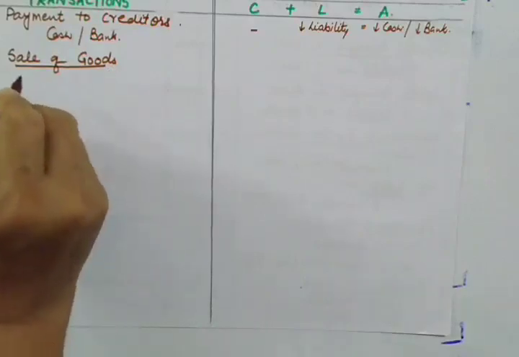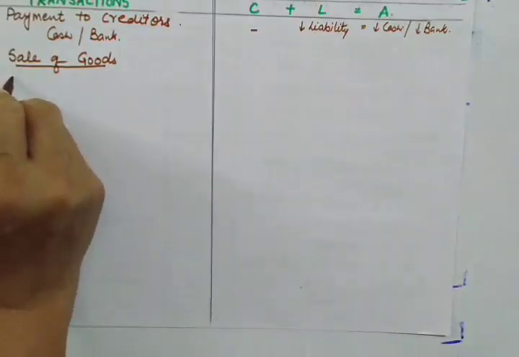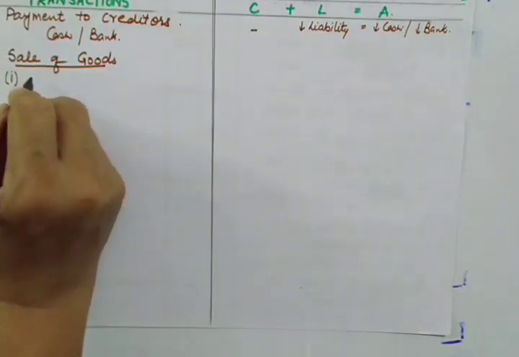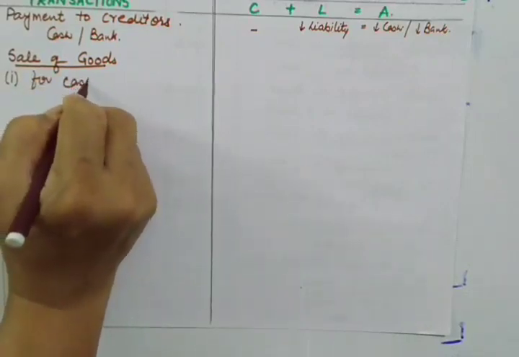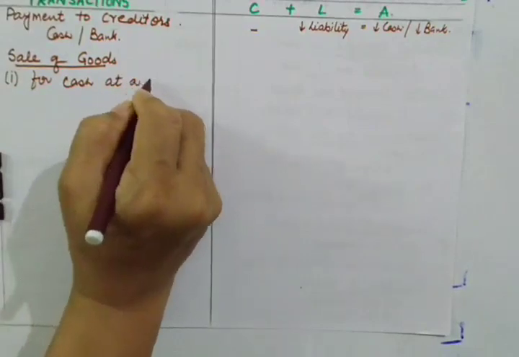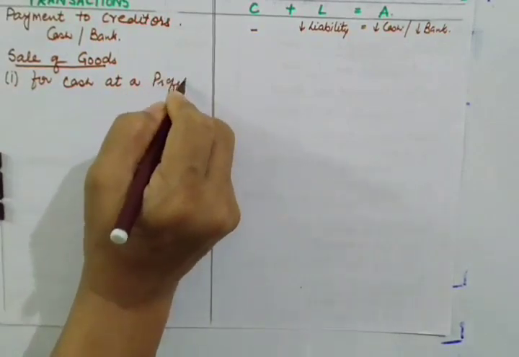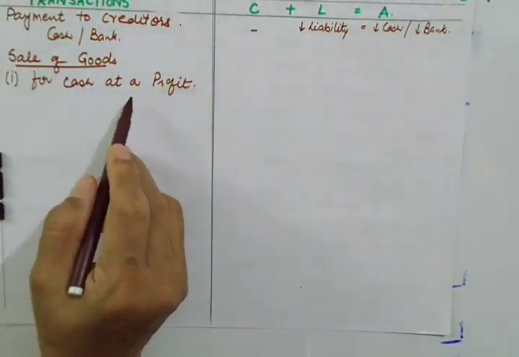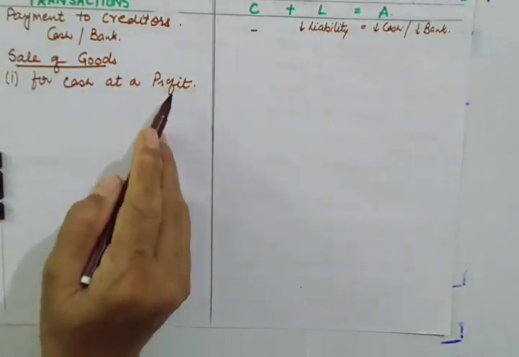There will be many options for this, so I am taking all the options one by one. First option is when you are selling your goods for cash at a profit.